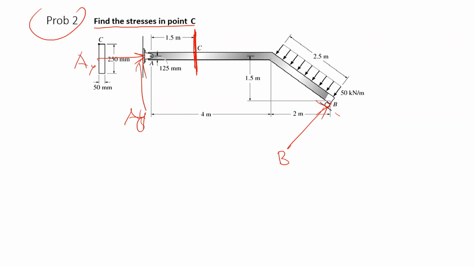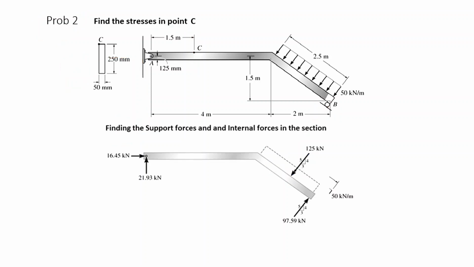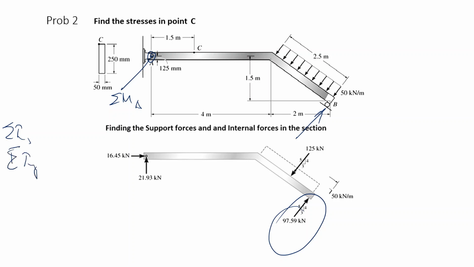Okay, what do we have? We have 1, 2, 3 unknowns. Using the equilibriums, for example, you can take sigma MA and calculate this value, and you can write down sigma Fx and sigma Fy equal to 0, and you can find these support forces.